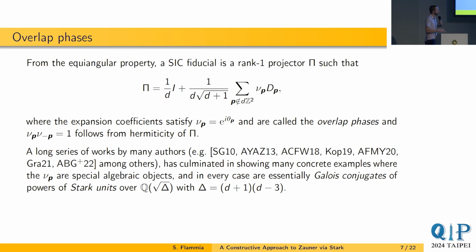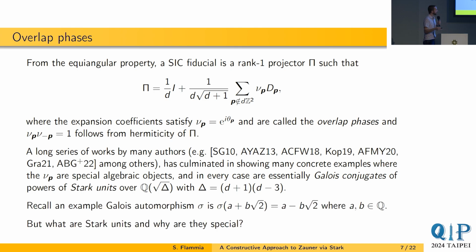These special algebraic objects in every case are essentially Galois conjugates of powers of Stark units, which I'll explain a little bit what they are, over a number field, Q adjoin square root of delta, where delta is this number right here as a function of the input dimension. So this is just rational linear combinations of a rational plus rational times this. Okay, this is a number field.